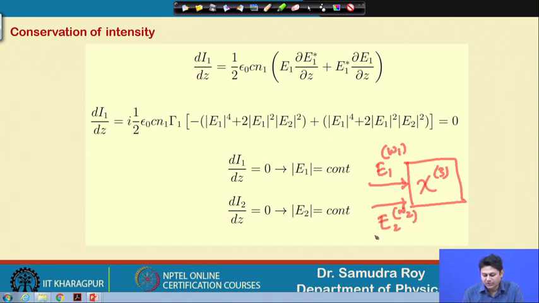Both are launched here. Now, our question is whether the amplitude of these two will evolve over this distance z or not, and we find that at least under cross phase modulation, the individual amplitude will remain conserved. So, there will be no change of amplitudes.